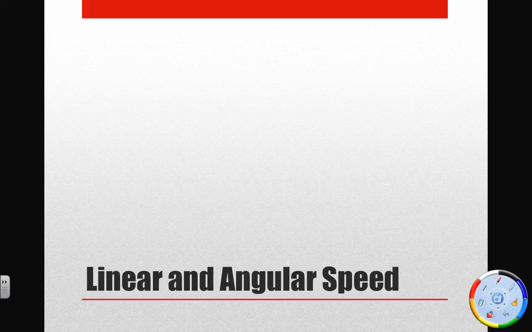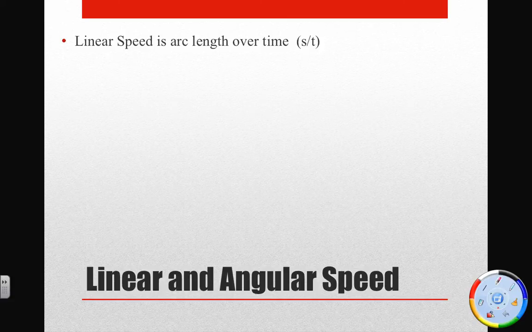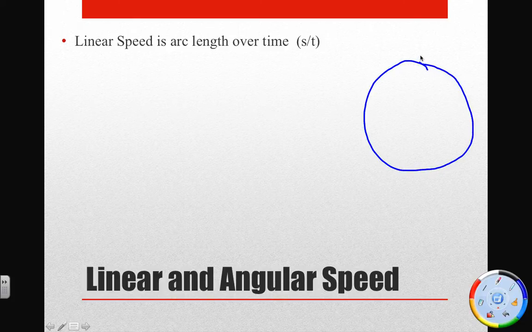All right, moving forward. Last little thing here, linear and angular speed. Linear speed, this is a speed along, if you were to have a wheel on your bike and then you had a nail in your wheel, but you were still moving forward, you could actually figure out how fast that nail is moving around the circle using arc length.